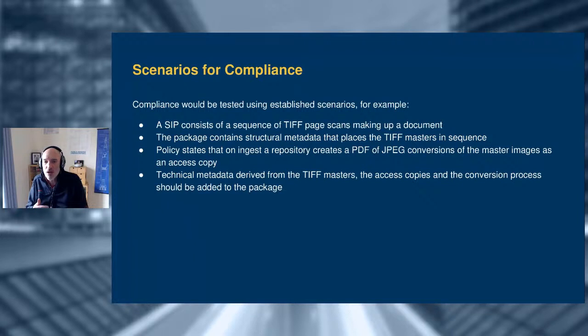And this could be quite high level testing. It may be just that you have to put some descriptive metadata in. You don't say what type of metadata that is, but a detailed scenario for interoperability would almost certainly say, you should generate this sort of technical metadata for the conversion process, or this particular set of metadata for the PDF. So yeah, once again, detail provides you the confidence for interoperability.